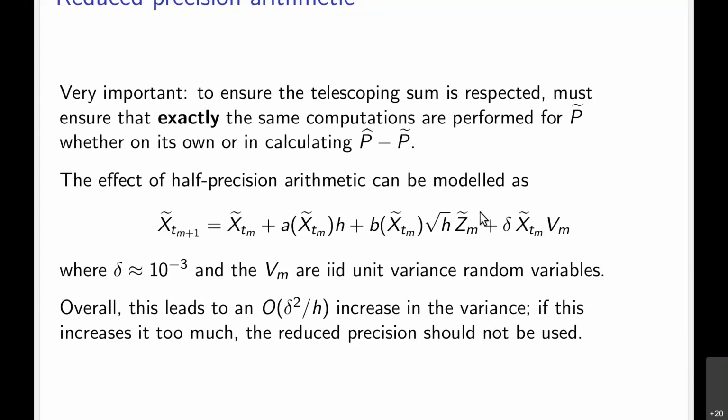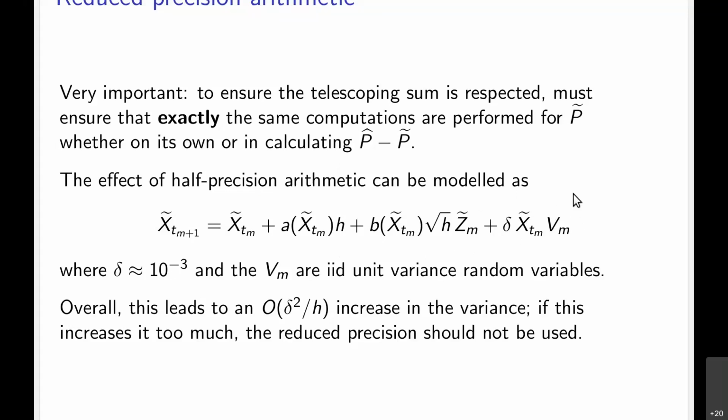In terms of numerical analysis, you can model the effect of the half precision arithmetic in terms of the rounding errors as being this extra error term, where this delta has a magnitude of roughly 10 to the minus 3 for half precision.